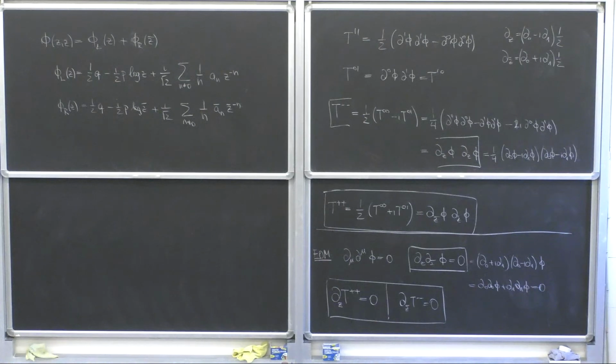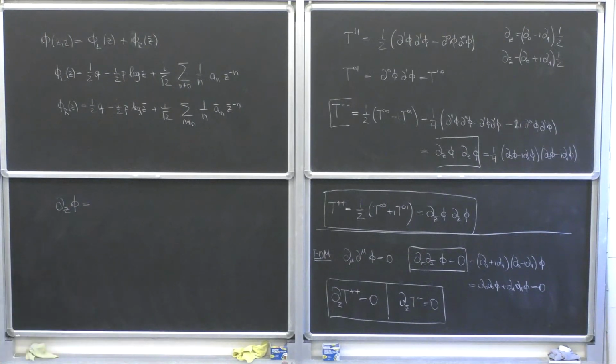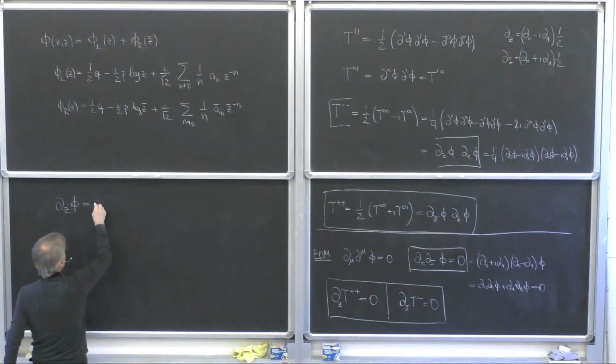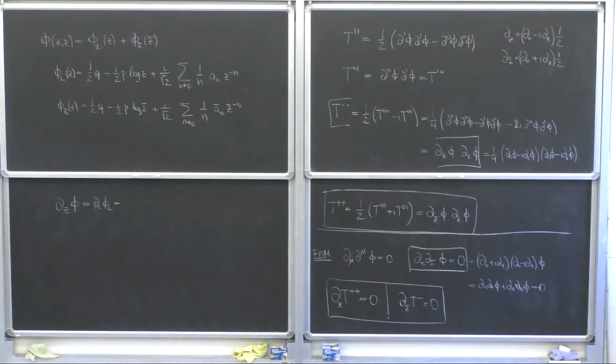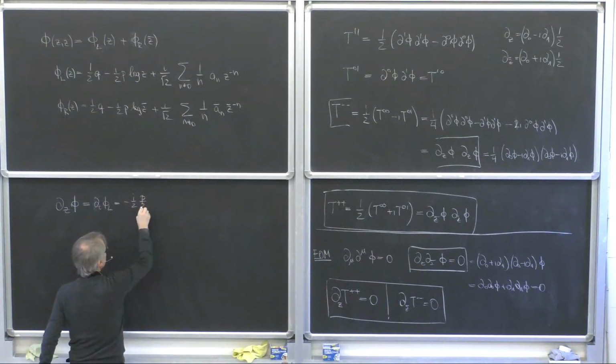Okay, so we treat z and z bar as independent variables, so what we are calculating is dz of phi, and then obviously because z and z bar are independent, that's the same as dz of phi left, because phi right is a function of z bar, so it doesn't contribute. And then when I take the derivative of q, the constant term obviously doesn't contribute, and I get minus i over 2 p over z.